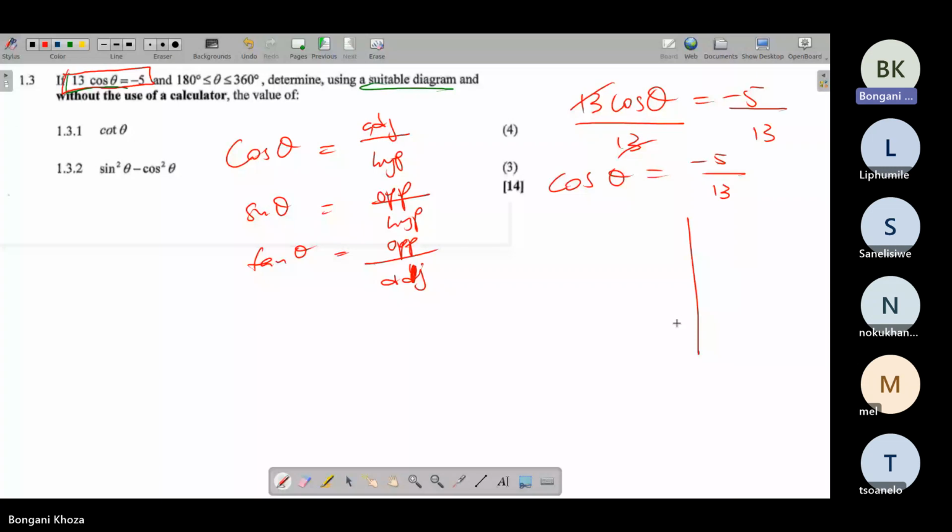After simplifying, we ended up with this sign over here, which is negative. That means the trig ratio we had, cos theta, is negative. So cos theta is negative on which quadrants? This is first, this is second, this is third, this is fourth. Which quadrants?